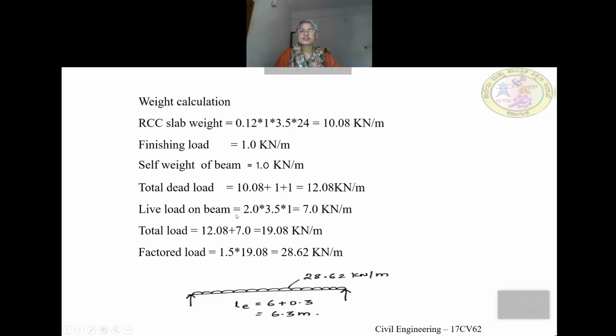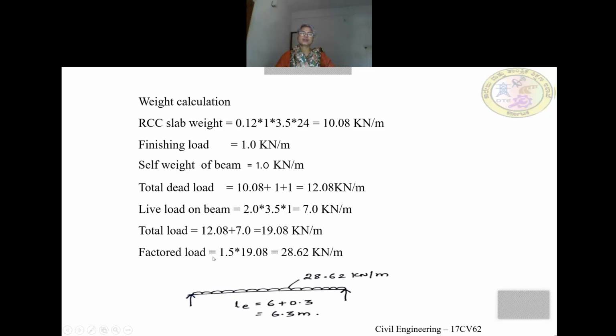The live load on the beam is given as 2 kilonewton per meter square, acting over a width of 3.5 meters into 1 meter length of the beam. This comes to 7 kilonewton per meter. So the total load is the dead load plus the live load, that is 12.08 plus 7, which comes to 19.08 kilonewton per meter.